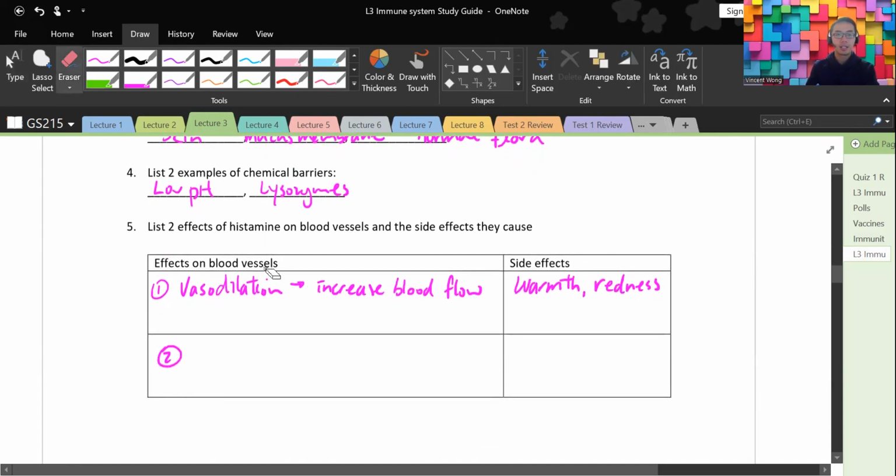Second effect of histamine on blood vessel is increased permeability.